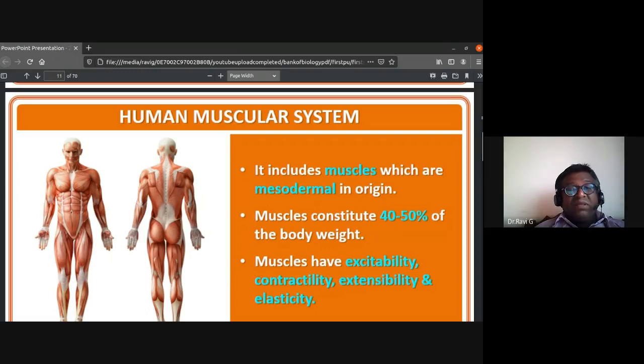That is, they are excitable, contractile in nature, extensible and elastic. Excitability, contractility, extensibility, and elasticity are the features of muscles.